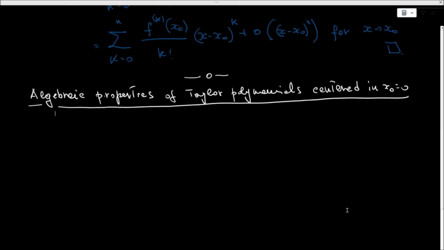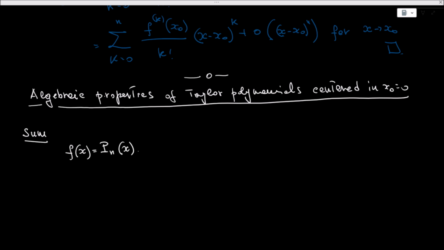And let's start with the first one, the sum. Okay, we want to establish the sum of Taylor polynomials. So let's say, for example, that we have f of x that can be expanded into a polynomial Pn of x plus little o of x to the n. And then we have another function g of x that is expanded into another Taylor polynomial of order n, Qn of x plus little o of x to the n.